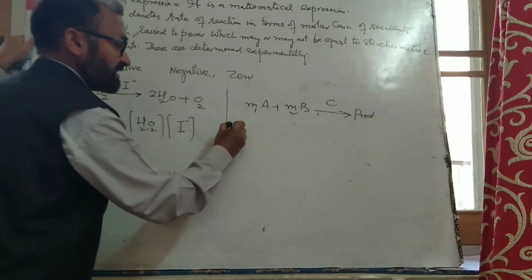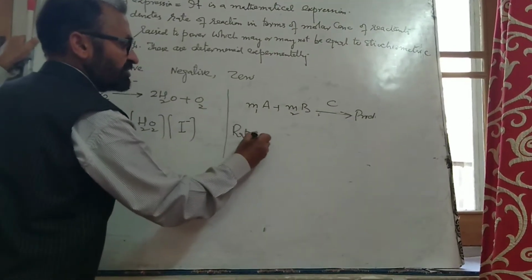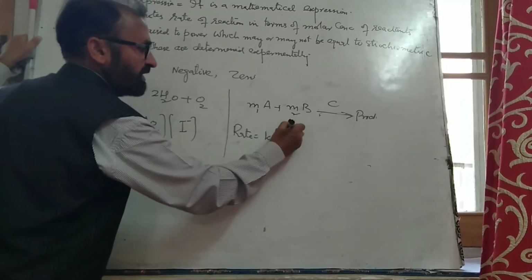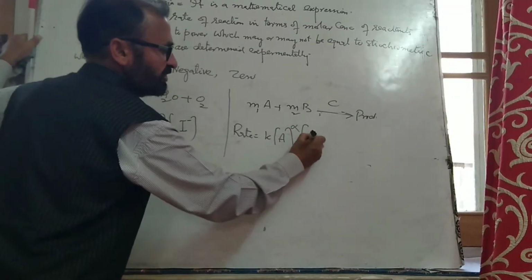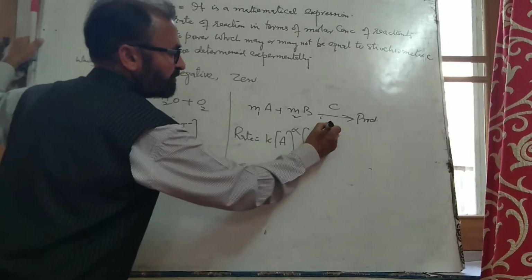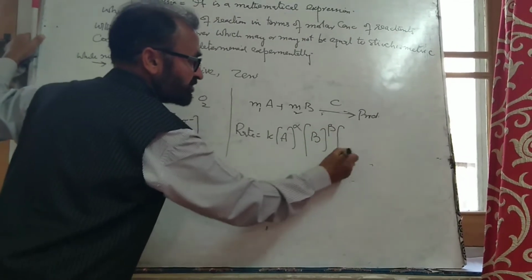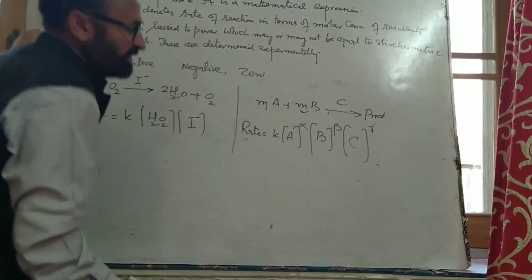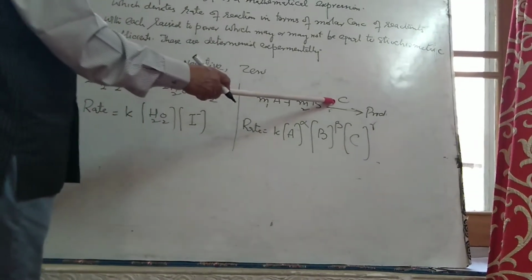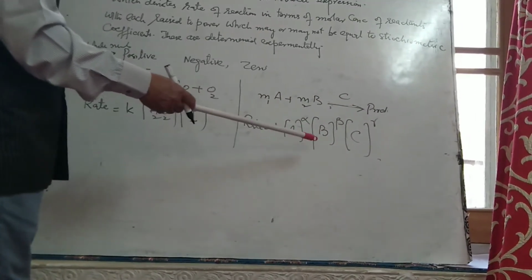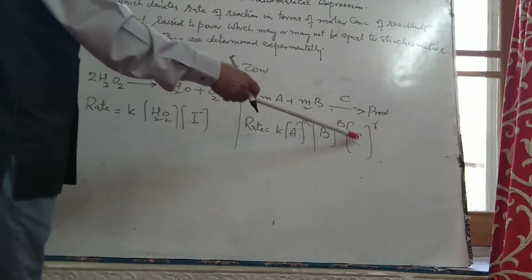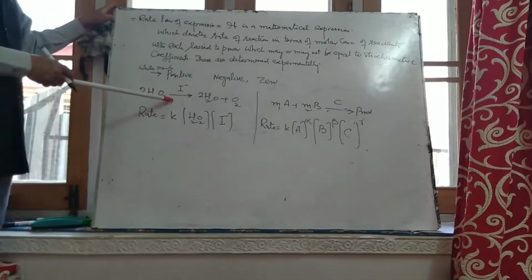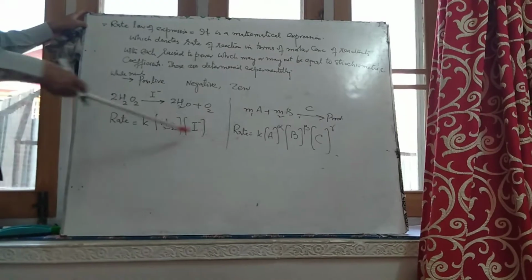I will write the rate law expression: rate is equal to K concentration of A raised to power alpha, concentration of B raised to power beta, and concentration of C raised to power gamma. That means C is your catalyst. So sometimes the rate also depends upon the concentration of the catalyst, as you have seen in the decomposition of hydrogen peroxide. So this is the rate law expression.